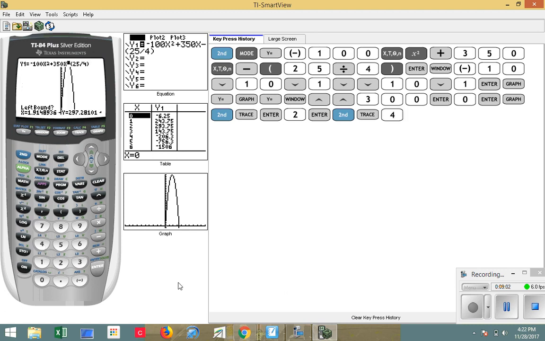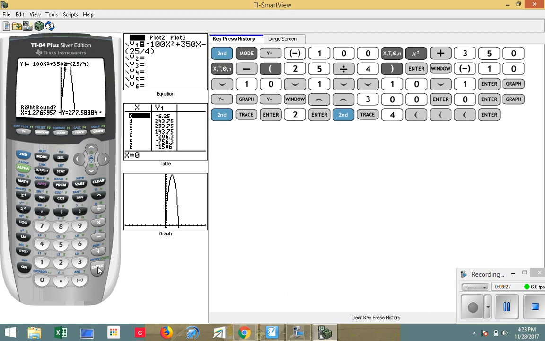Now it's saying left bound question mark. I need to move the cursor so that it's just a little bit to the left of the vertex. So I'm going to use my left arrow so that it moves over. Notice as I'm pushing the left arrow, it's going over to the left. Now I'm going to hit enter because it's to the left of the vertex.